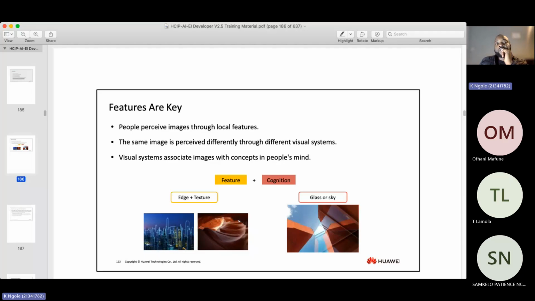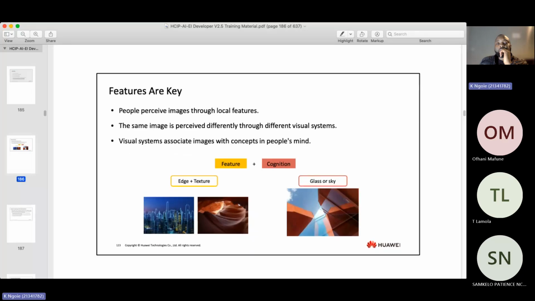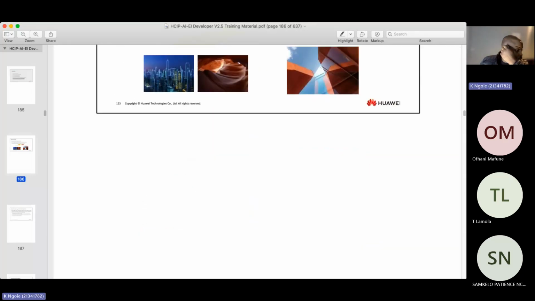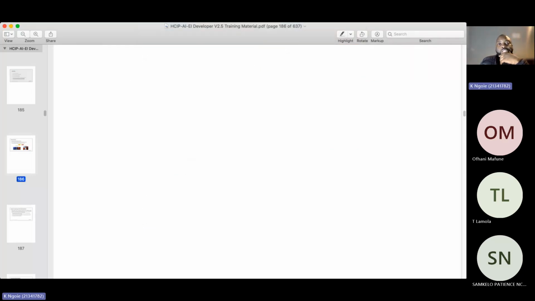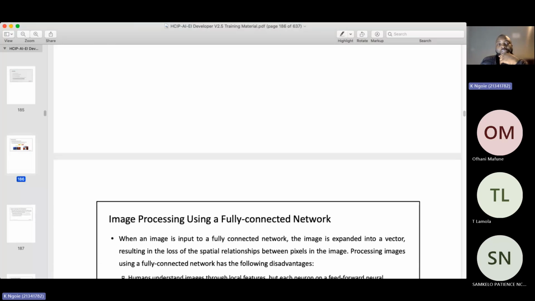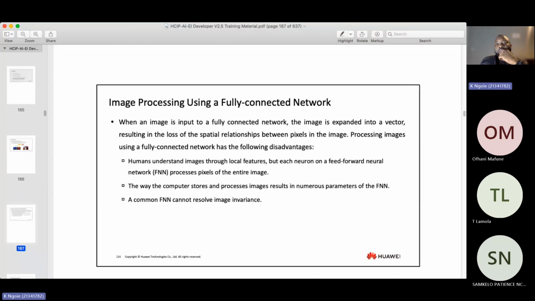That's exactly what the machine is going to do. So the machine is also going to look at images and get the details, every single detail. So in the convolutional neural network, we'll have a fully connected network. So when an image is used to be identified or to be used as data in a neural network, the image is input to a fully connected neural network.